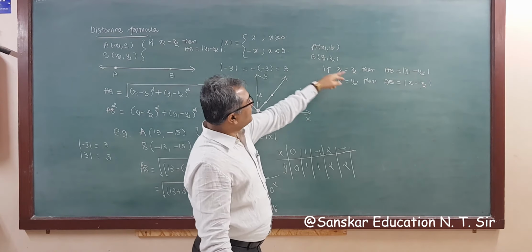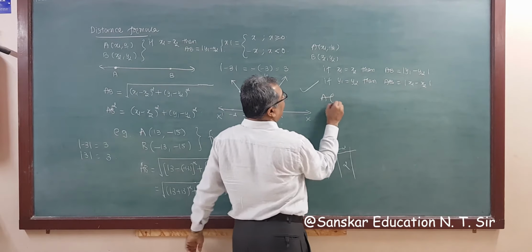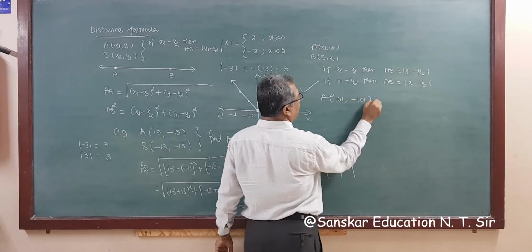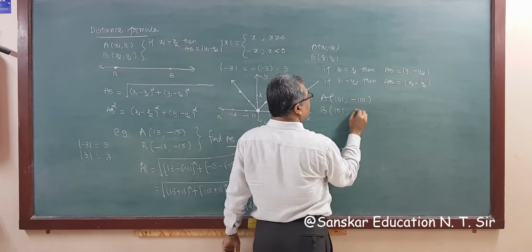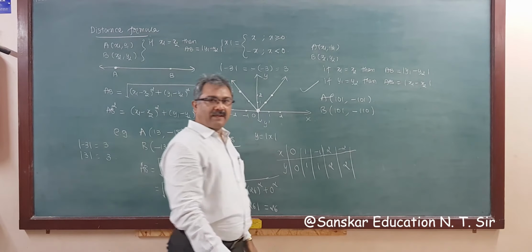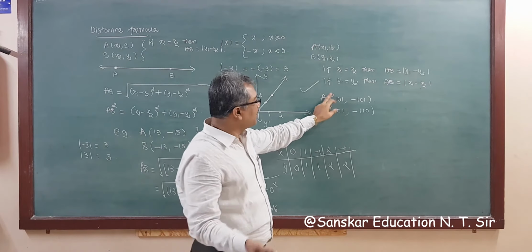Suppose for this, if x1 is equal to x2, right? Suppose I am taking A(1, 0, 1) and minus 1, 0, 1, and B(1, 0, 1) and this is minus 1, 1, 0. Here the x coordinates are same. So what is your answer?